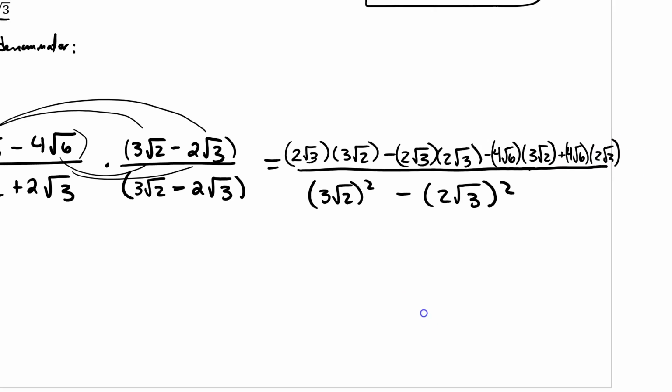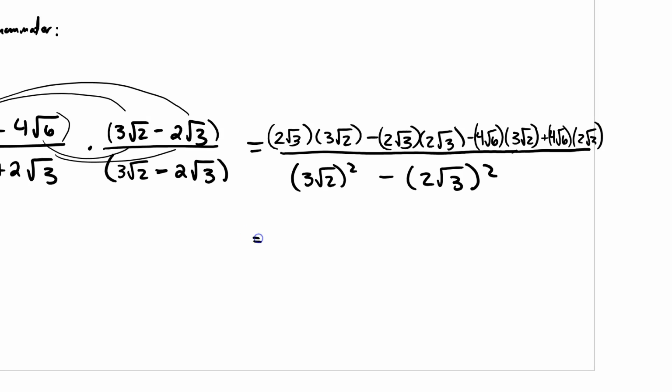Whew, got a little squishy there. That's all right. So I'm going to simplify coefficient multiplied by coefficient, radical by radical. So it becomes 6 root 6, minus 2 times 2 is 4, root 3 times root 3 is 3, minus 4 times 3, which is 12, root 6 times root 2 is root 12, 4 times 2 is 8, root 6 times root 3 is root 18.